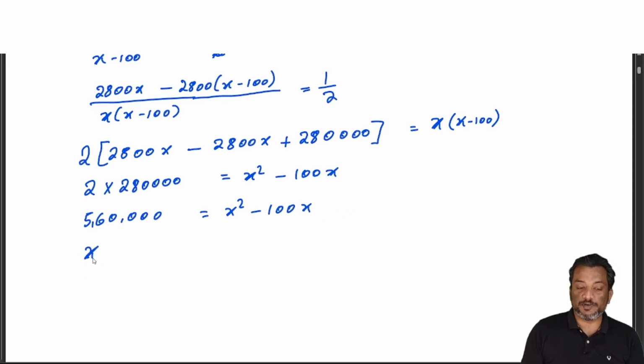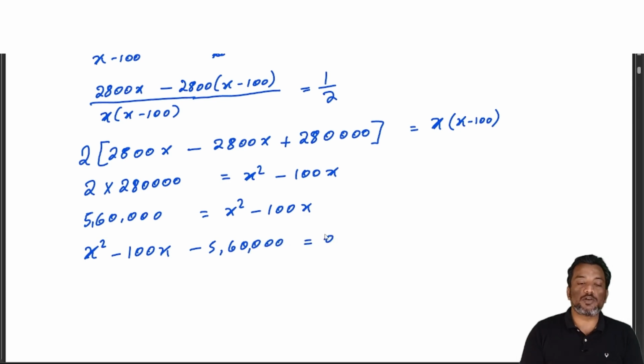So you will get an equation x square minus 100x minus 5 lakhs 60,000. So already you know the splitting of the middle term, so we can use the splitting of the middle term of 100x, with the help of the coefficient of x square and constant term. So your coefficient of x square is 1, constant term is 5 lakhs 60,000.